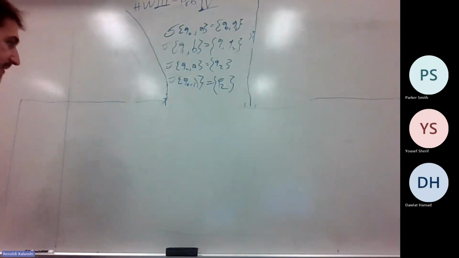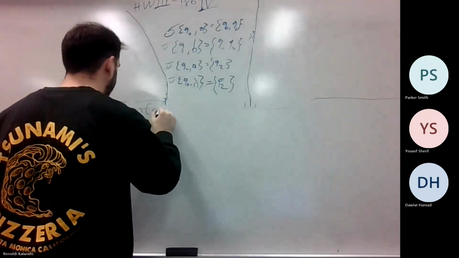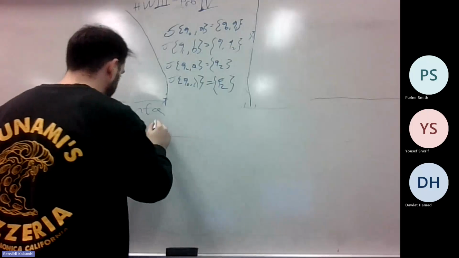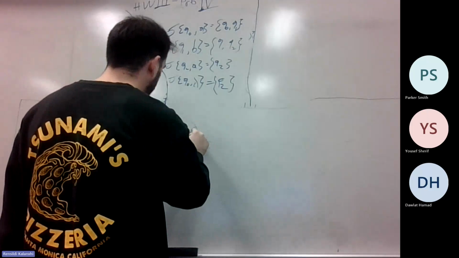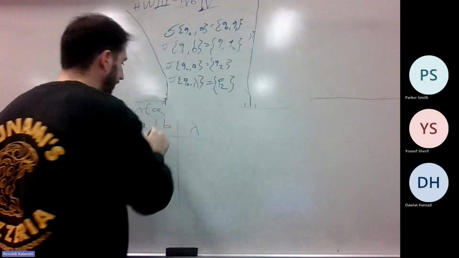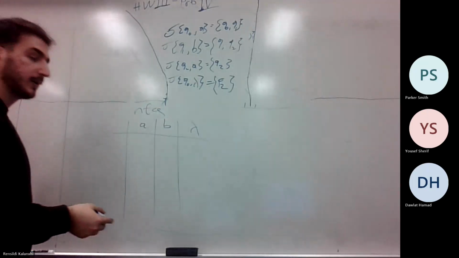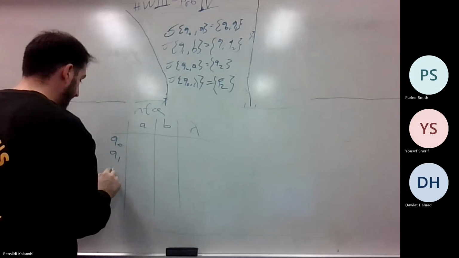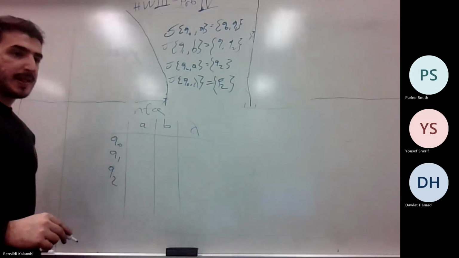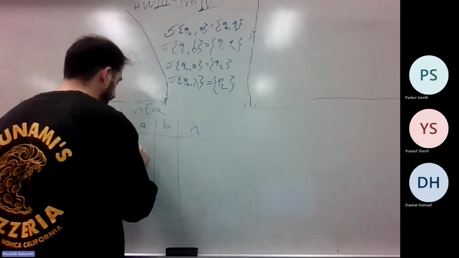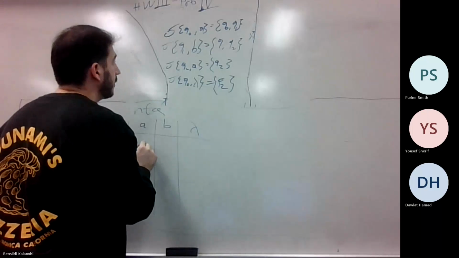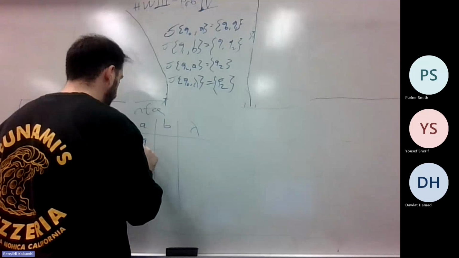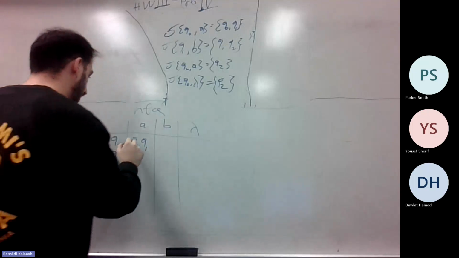So let's build the table for the NFA. How I like doing this is to also include lambda in it. I know that the professor did not, but it helps you visualize it more. So Q0 on A is pointing to Q1.